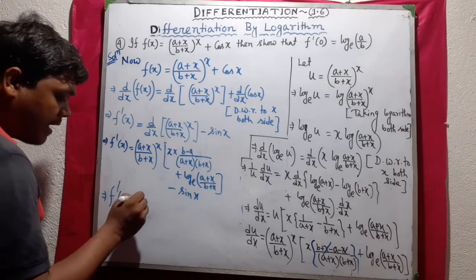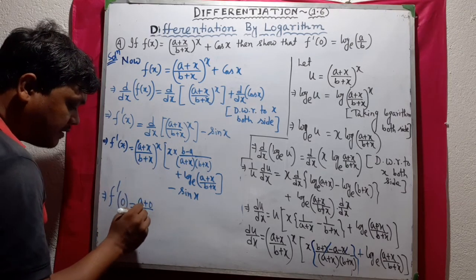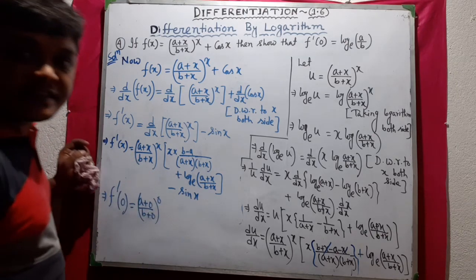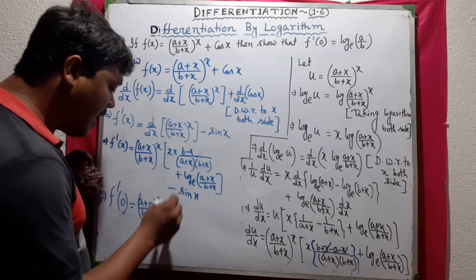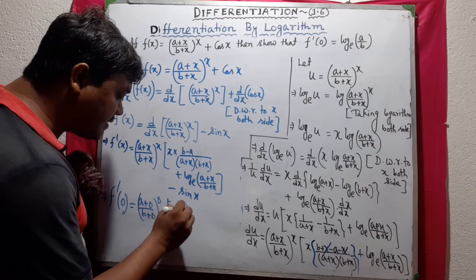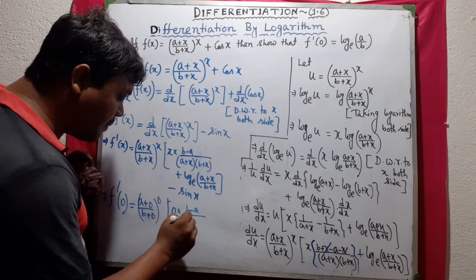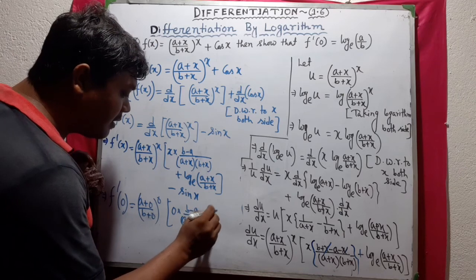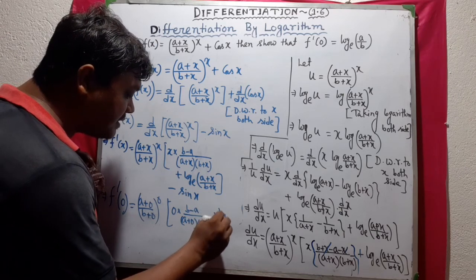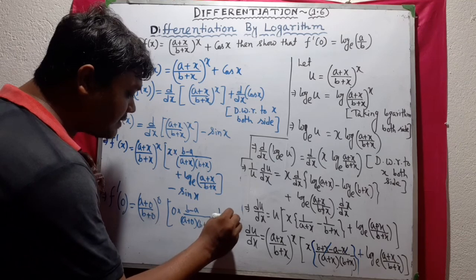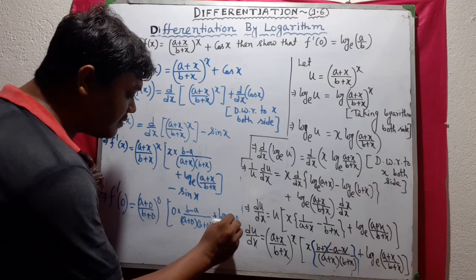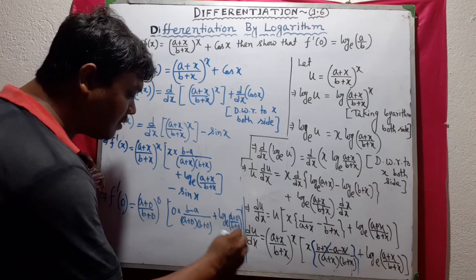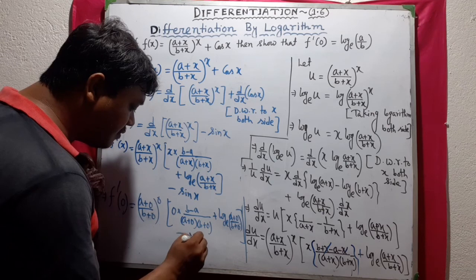Just calculate করে আমরা মুখে মুখে, (a plus 0 by b plus 0) whole to the power 0. So according to the indices rule, anything to the power 0 is 1, and 0 into (b minus a) by (a plus 0) into (b plus 0), এটা তো 0ই হবে, plus log base e (a plus 0 by b plus 0). তোমরা নিজেরাও বুঝতে পারছো, minus sin 0.